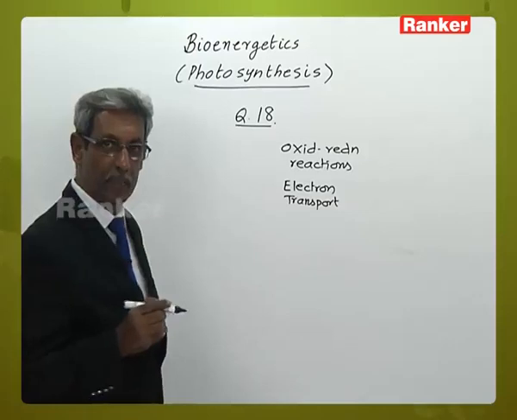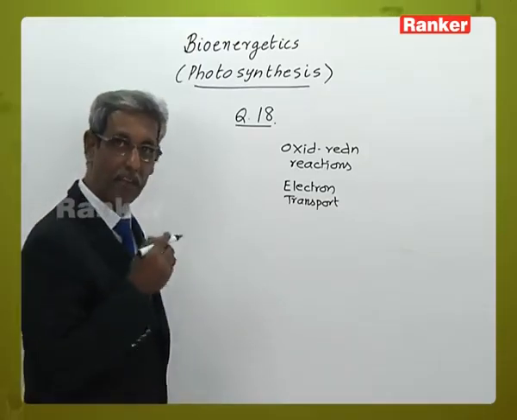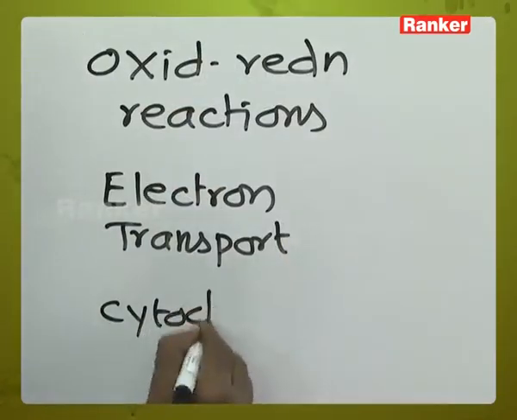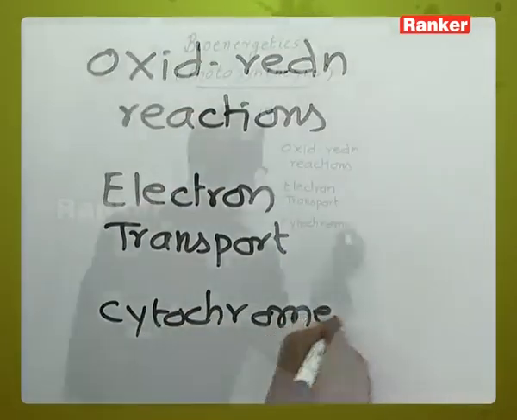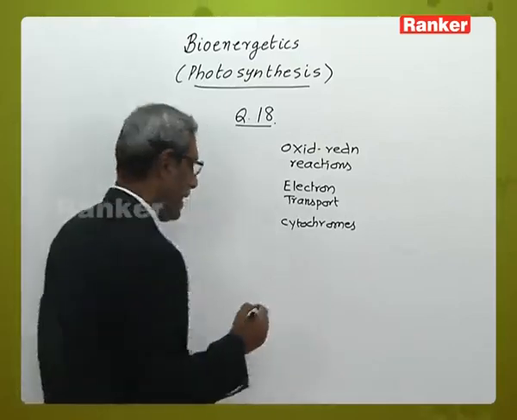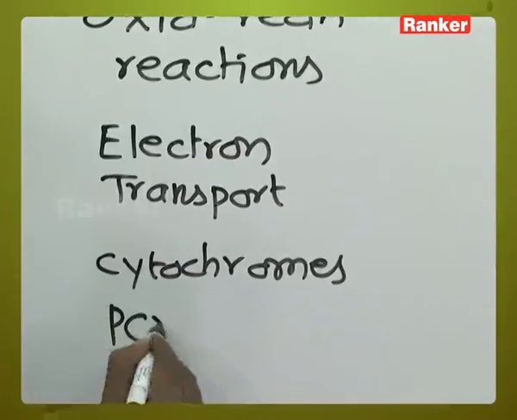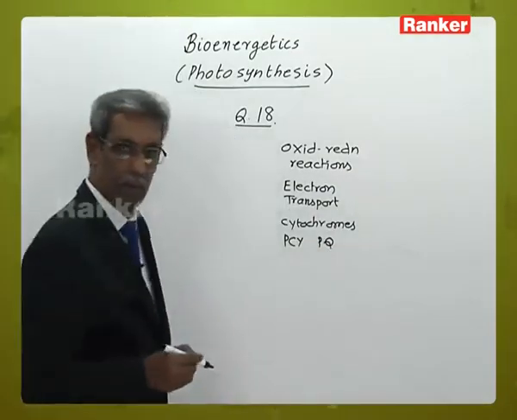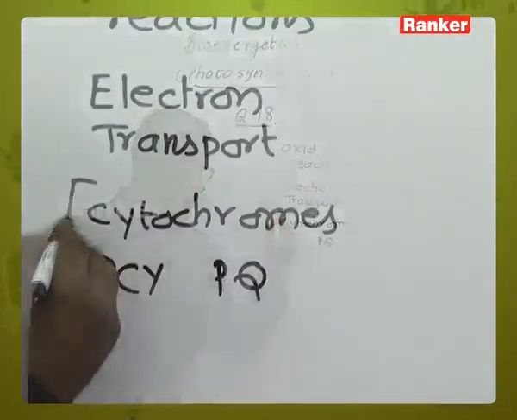An electron transport system in both mitochondria as well as in photosynthesis is predominantly made up of cytochromes and also compounds like plastocyanin and plastoquinone.